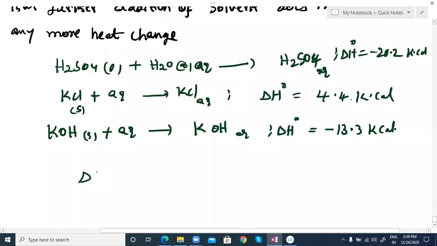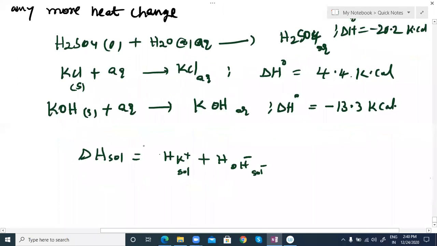Suppose delta H solution equal to the enthalpy of K plus in aqueous solution plus the enthalpy of OH minus, the total sum of this. So you write the hydration energy when dissolving in water. Enthalpy of solution of K plus and of OH minus, that sum equals delta H solution.